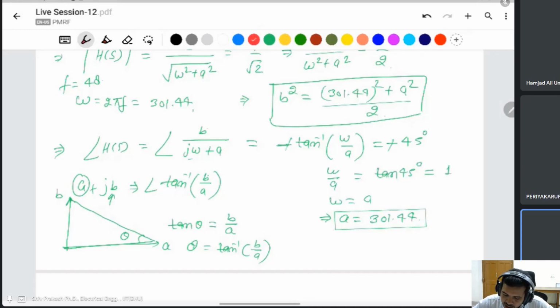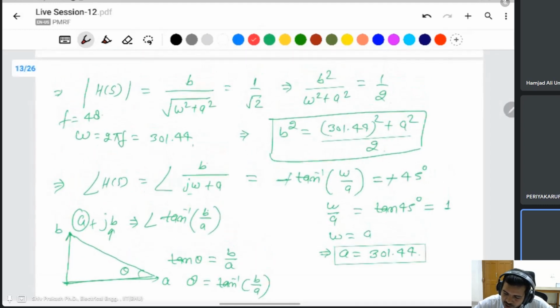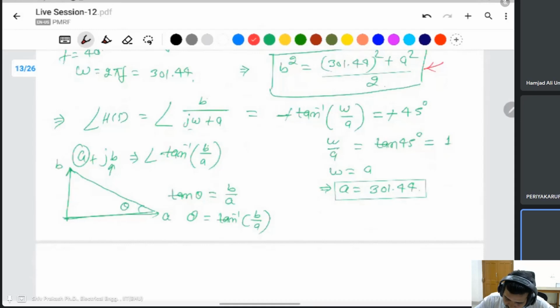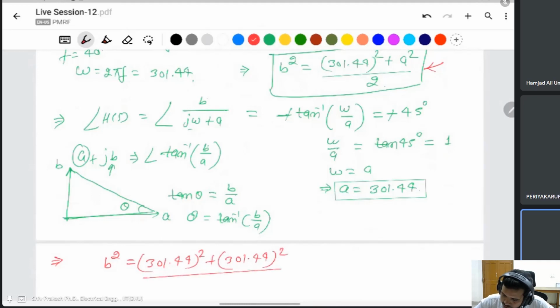If A is calculated, then we put the value here of A and find the B. B square is equal to 301.44 square plus 301.44 square, A square, divided by 2.